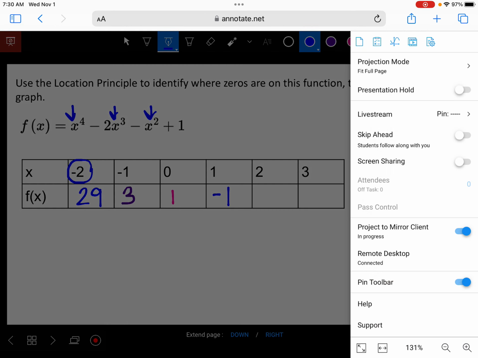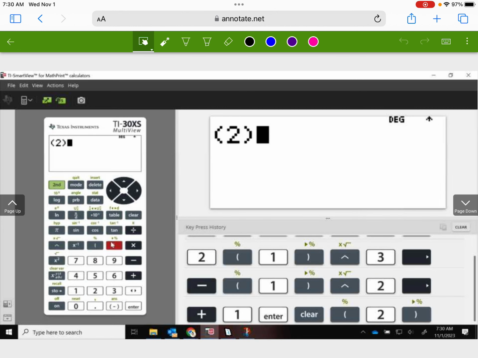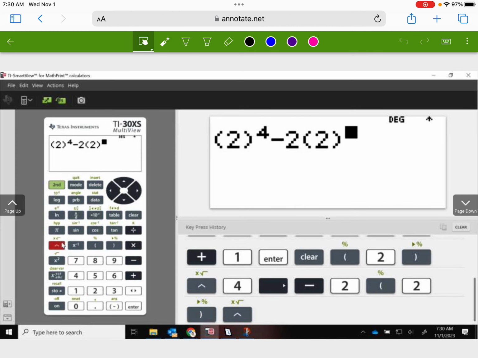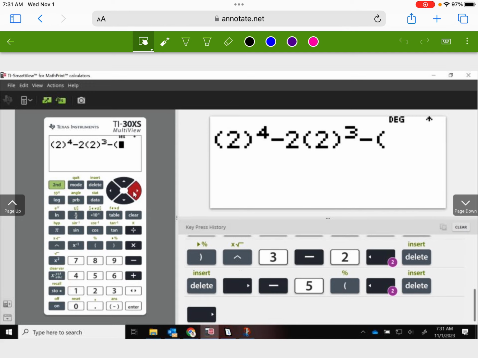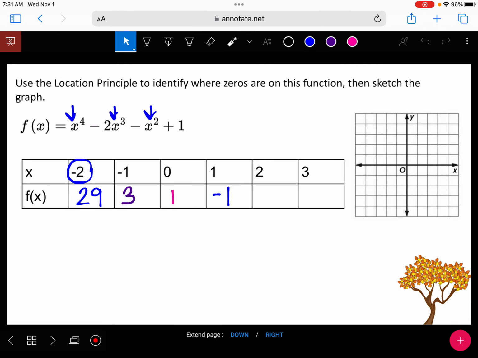So let's do 2. Two to the 4th minus 2 times 2 to the third minus 2 squared plus 1. We have negative 3.